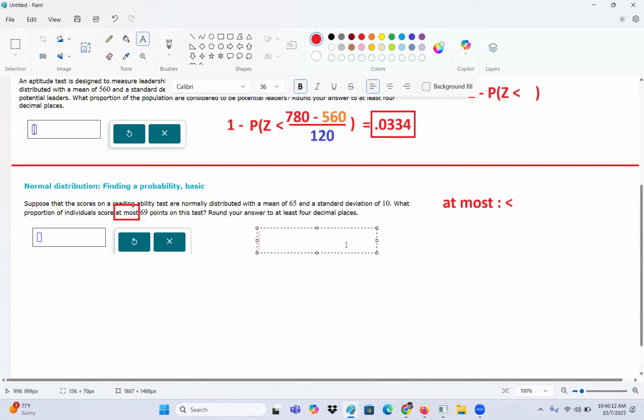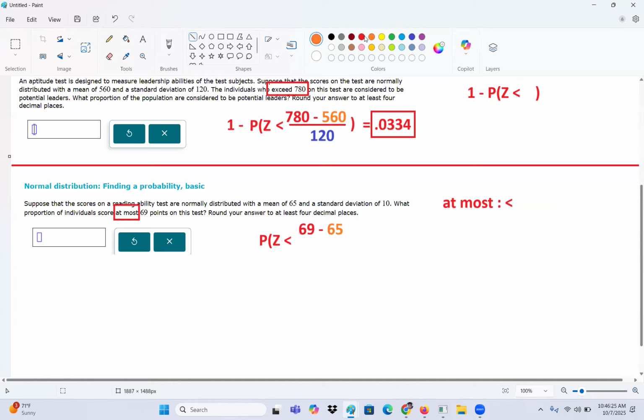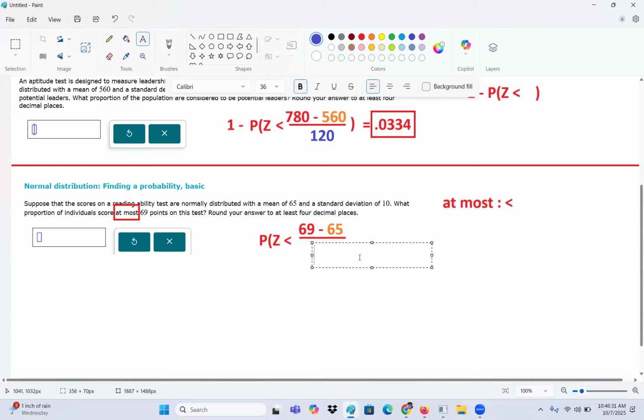So we can start with p of z less than 69 minus 65 over the standard deviation, 110. And then we should get it right.